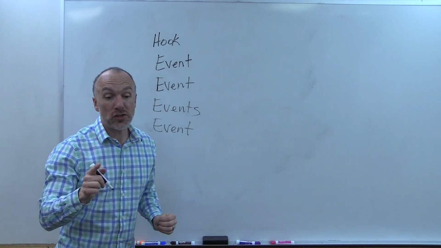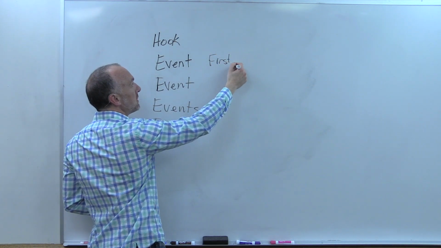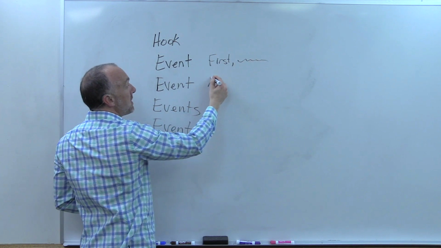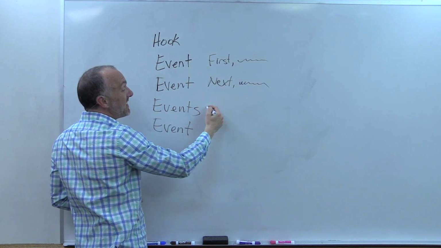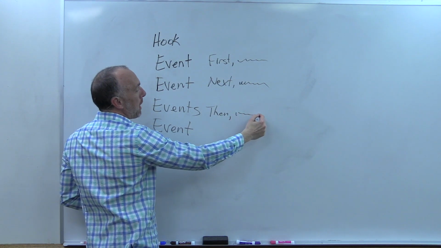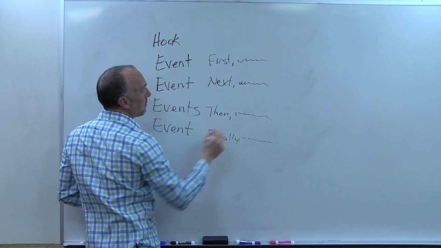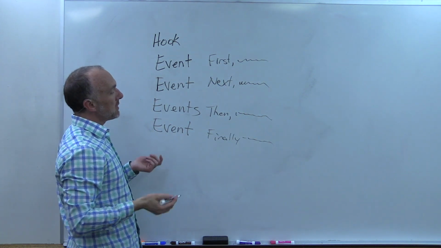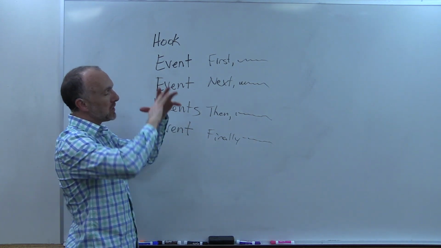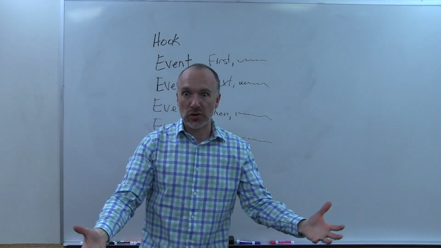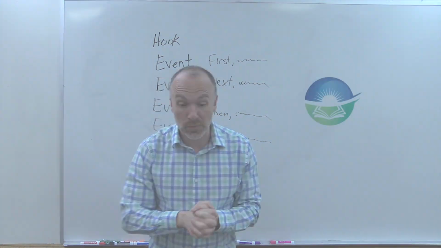And we will want to use transition words like first, next, then, finally. So, yeah, that's what a personal narrative is all about. It's putting these events in chronological order using transitions. So let's look at the one in the textbook.